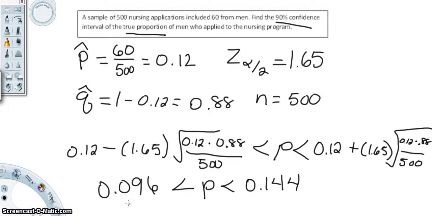So we're looking at it, and we have 9.6% and 14.4%. So we know that our true proportion, our population proportion, is going to be between 9.6% and 14.4%, with a 90% confidence in saying that.